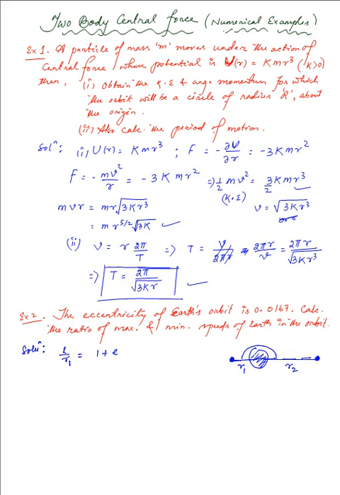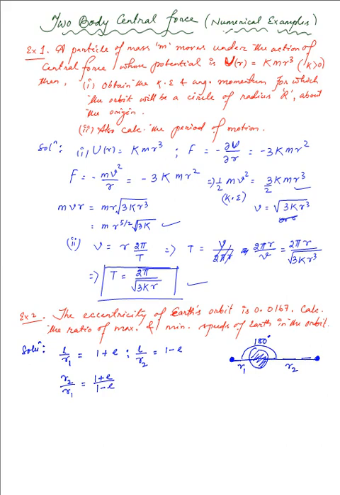So L over R1 is 1 plus E, and L over R2 is 1 minus E, considering cosine of 180 degrees. If we take the ratio of both of them, we get R2 over R1 equal to 1 plus E over 1 minus E.